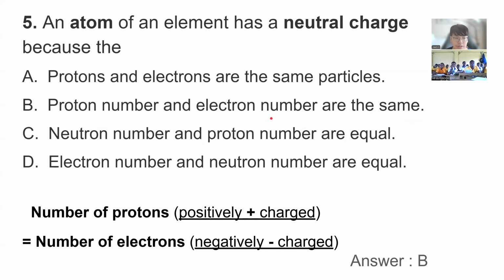Since again, protons are positively charged, electrons are negatively charged. So if the numbers are the same, then it will have a neutral charge. It won't have a charge at all because they cancel out. And A is not correct again because it's not the same particle. It's just the numbers that are the same.